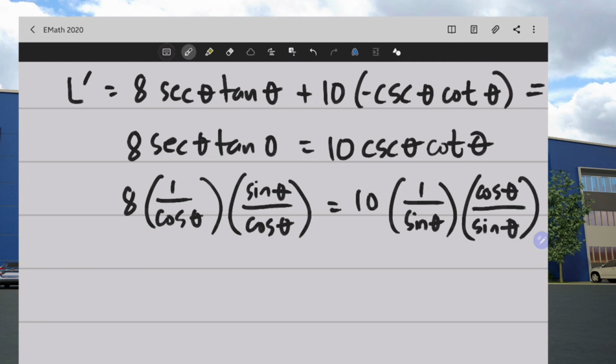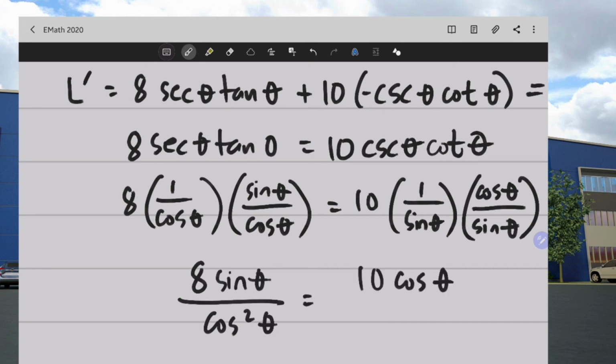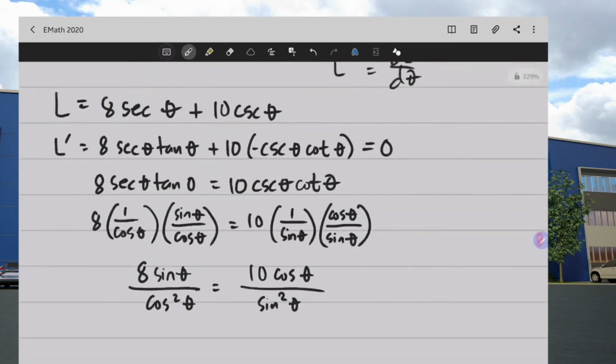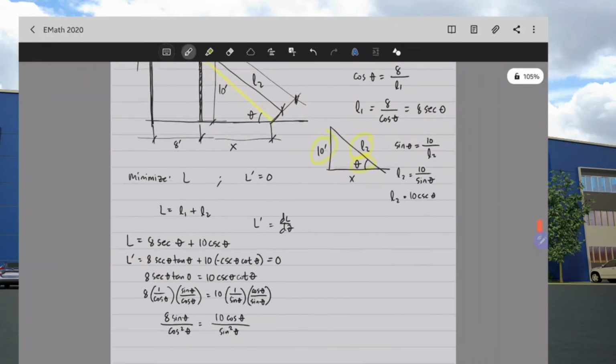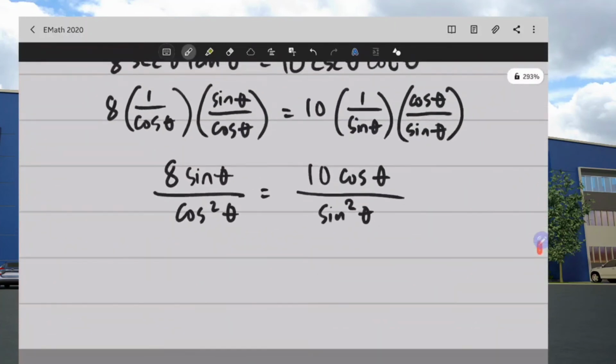Okay, then what will happen? This would become 8 sine theta over cosine squared theta. That's equal to 10 cosine theta over sine squared theta. Then let's simplify this further, or pwede nating cross multiply. That would be 8 sine cube theta is equal to 10 cosine cube theta.